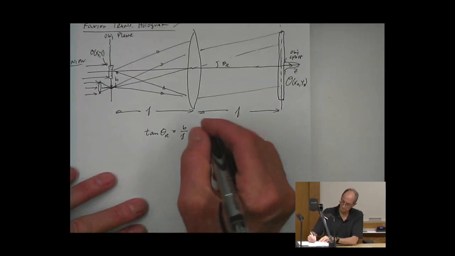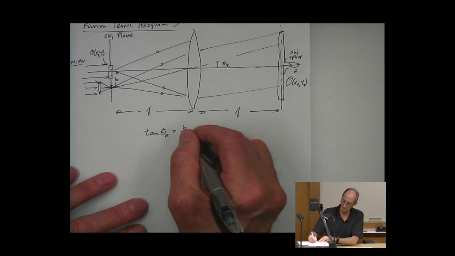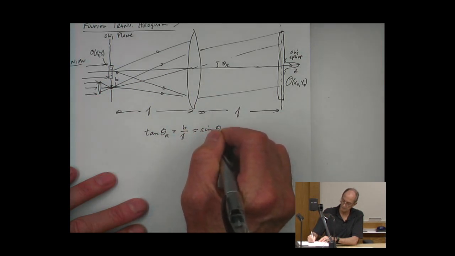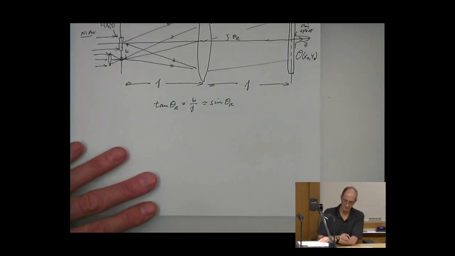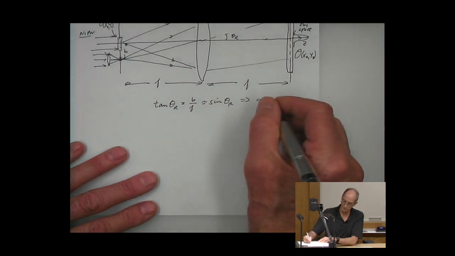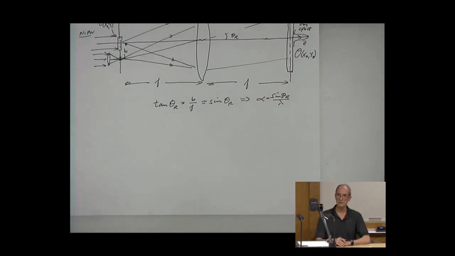Now if this is a small distance b, this is about equal as well to the sine of theta r. And so this is good because now we can say that we have this alpha again, which is equal to sine of theta r over the wavelength.